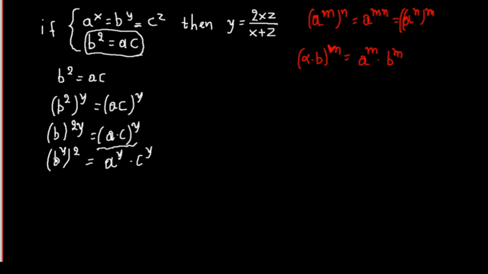Here we substitute b raised to the power of y with a raised to the power x from this equation. So we write this as a to the power of x and all of this raised to the second, and the other side we leave as it is for now.